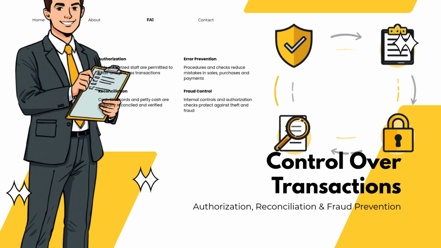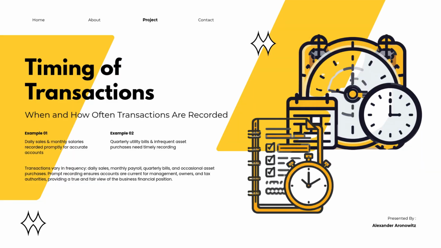There must be some procedures to be followed in order to prevent errors. Fraud control: there should be internal controls and authorization checks to protect against theft and fraud. A junior employee must not be in a position to order and incur big expenditure.